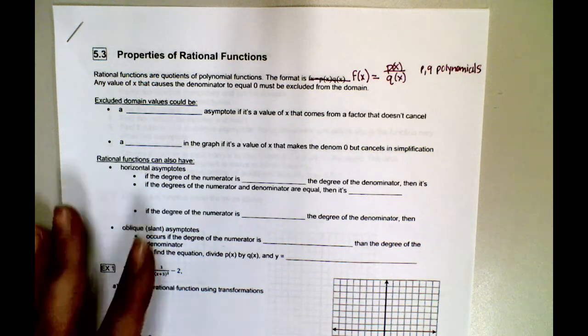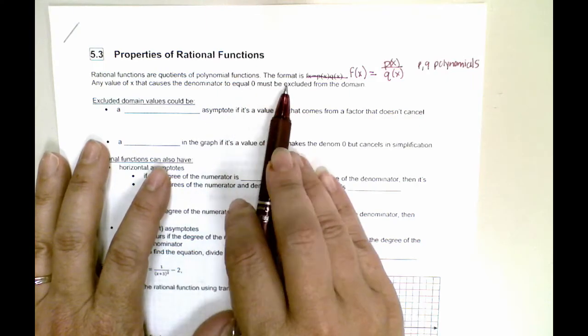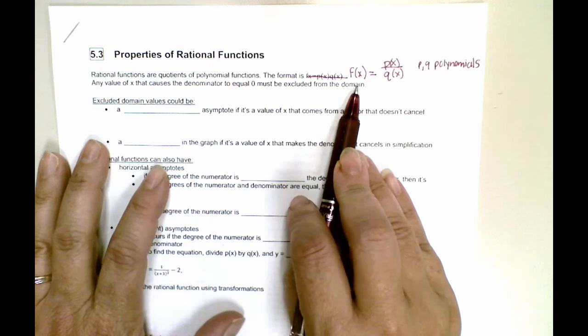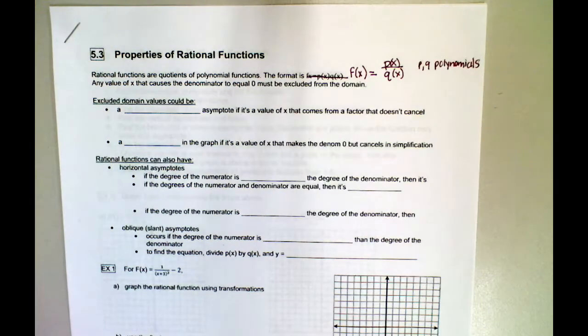Any value of x that causes the denominator to equal 0 must be excluded from the domain. So we've worked on this. When we worked on domain, we've seen rational functions and saying x can't equal this value or x can't equal that value. Now we're going to look at what happens at those excluded values.